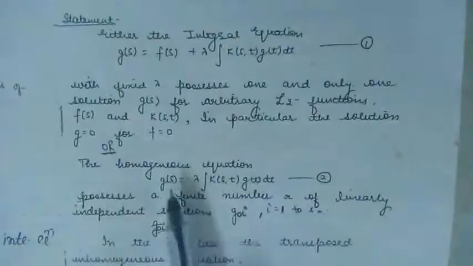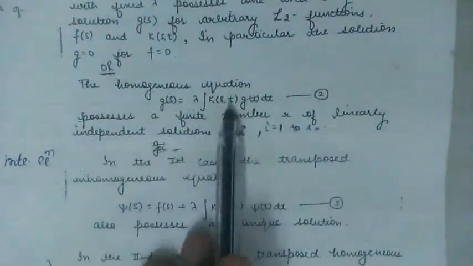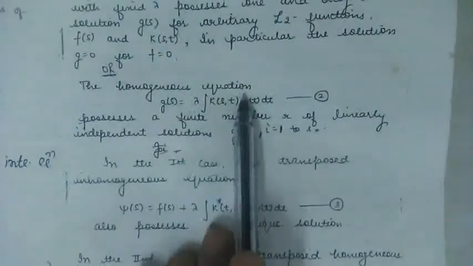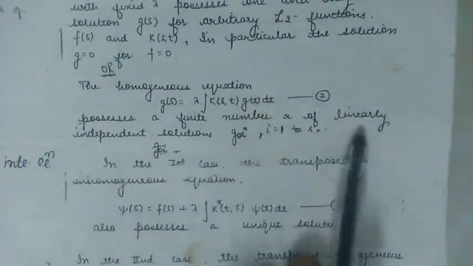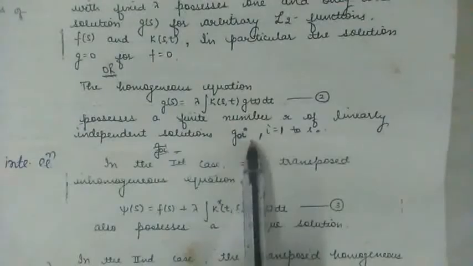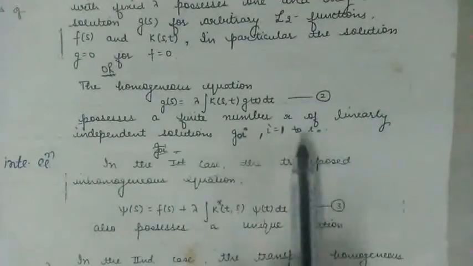or the corresponding homogeneous equation, where f is 0, then the equation is called homogeneous, possesses a finite number of linearly independent solutions, which we have denoted by the symbol z_0i. These are r solutions. Here i varies from 1 to r.